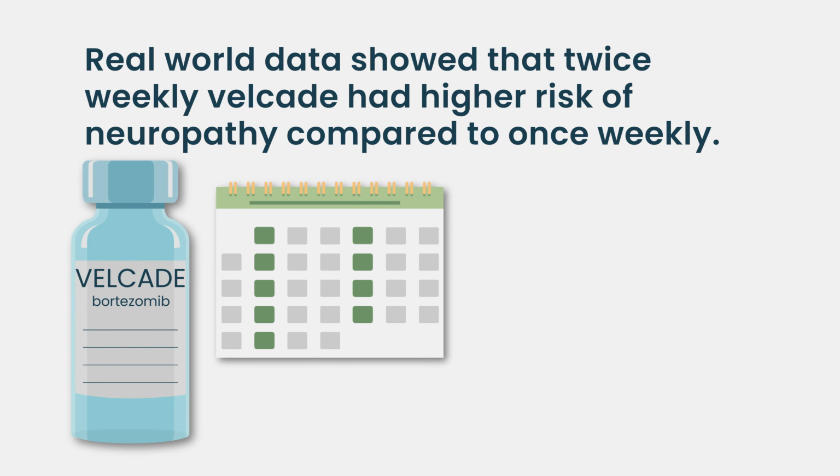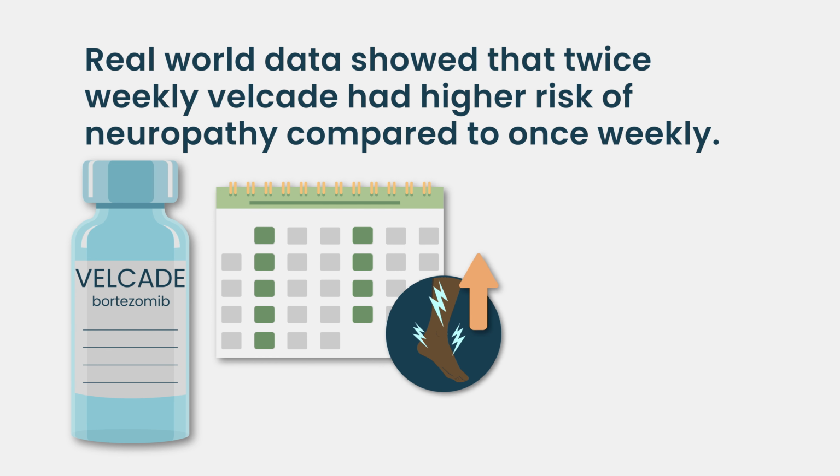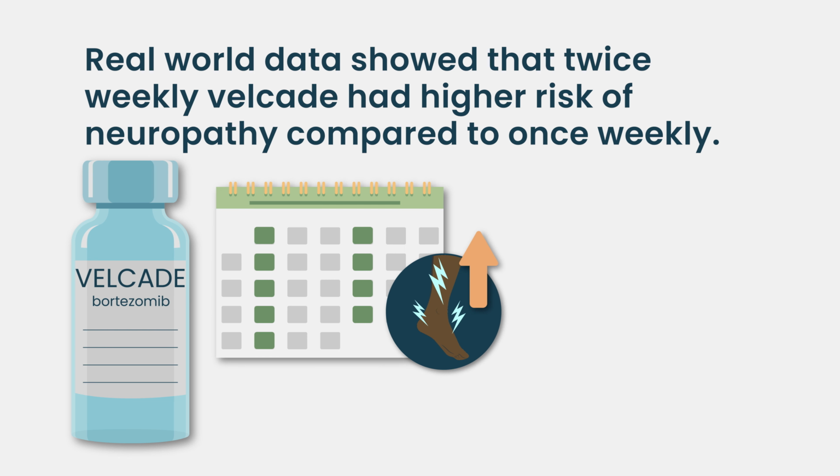So all these new trials looking at cutting-edge new therapies, for example venetoclax, which is a precision medicine drug, in the Bellini study, the bortezomib that the new wonder drug was combined with was still given twice per week, even though we found with real-world data that twice-weekly bortezomib has a higher risk of neuropathy, a higher risk of tingling in the fingers and toes that can be quite painful, quite detrimental to quality of life, compared to once-weekly bortezomib.